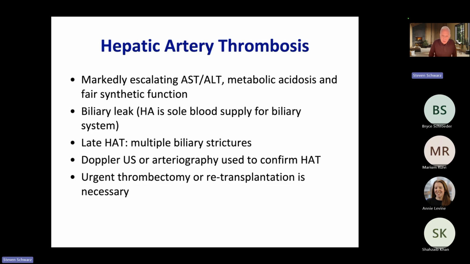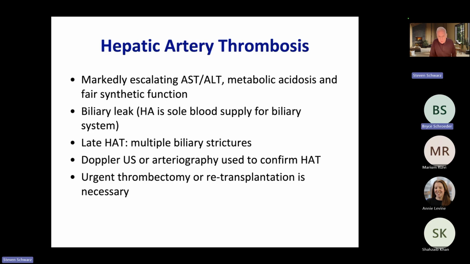Remember that the hepatic artery is the sole blood supply for the biliary system, so a biliary leak will be very common in patients who undergo hepatic artery thrombosis. And then late hepatic artery thrombosis, because this can occur later on in the postoperative period, will lead to multiple biliary strictures. Again, for the same reason, the hepatic artery is the sole blood supply for the biliary system.